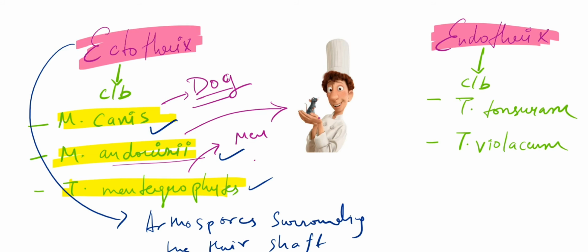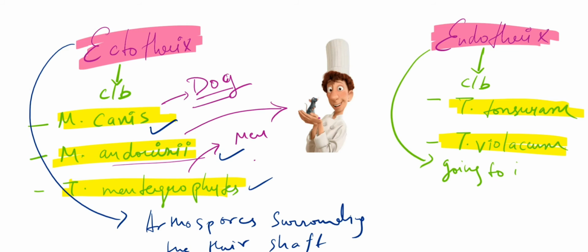Okay, helps me. Now endothrix is caused by Trichophyton tonsurans and Trichophyton violaceum. Now in case of endothrix, like I was telling, they are going to invade the hair shaft, and these arthrospores will be totally in the hair shaft.